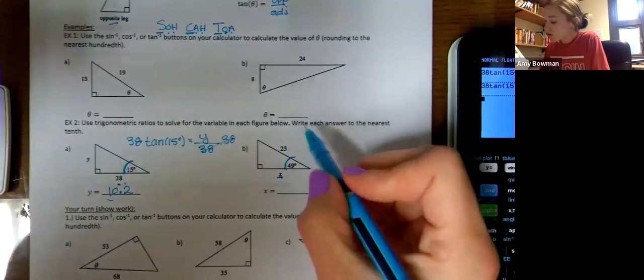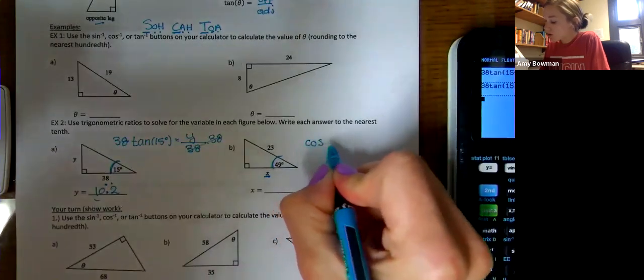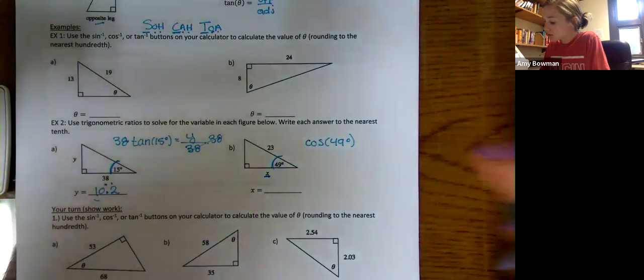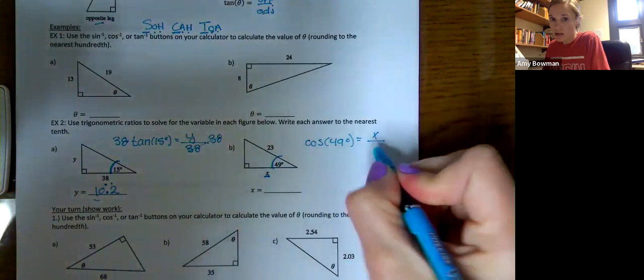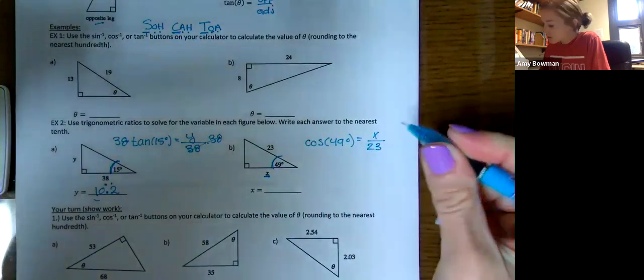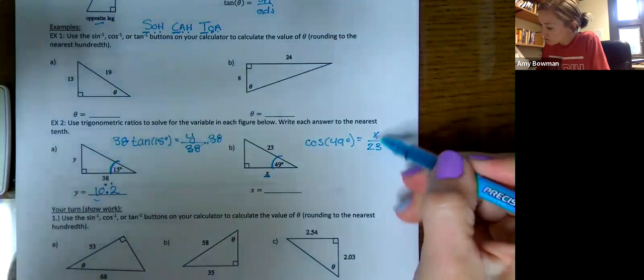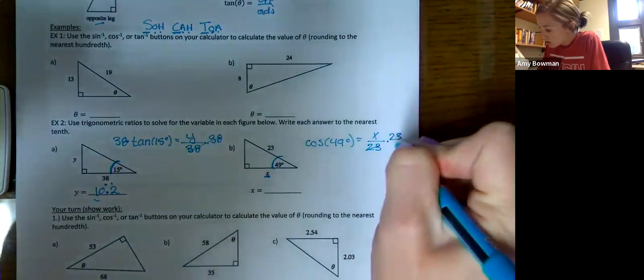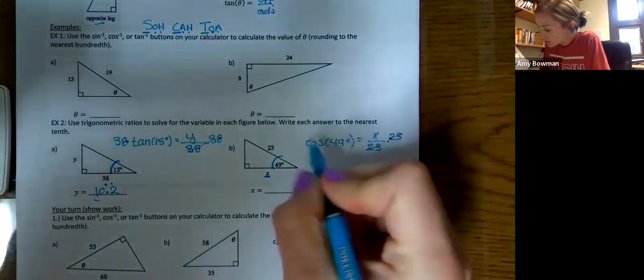So the cosine of my angle, cosine of 49 degrees, equals adjacent, so x, divided by hypotenuse, which is 23. Again, if I want to solve for x here, all I need to do is multiply by 23 to get that 23 off of the right-hand side and over to the left-hand side.